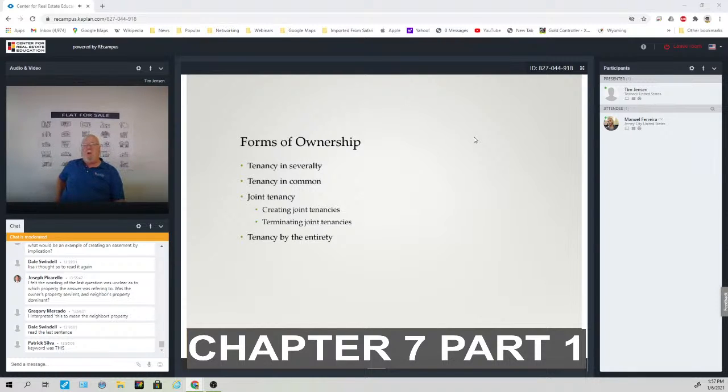Well, how many people are in severalty, Tim? Well, here's the thing. One person. What? It says severalty. I know. Well, that doesn't make sense. Here's the problem, guys. Many of the common terms and phrases we use in real estate and law stem from the old British common law that we live by under British control.